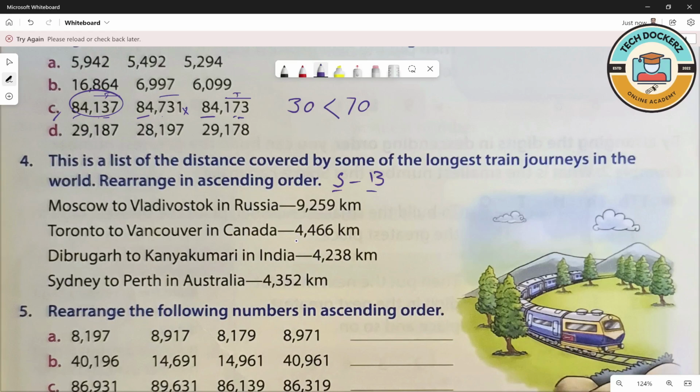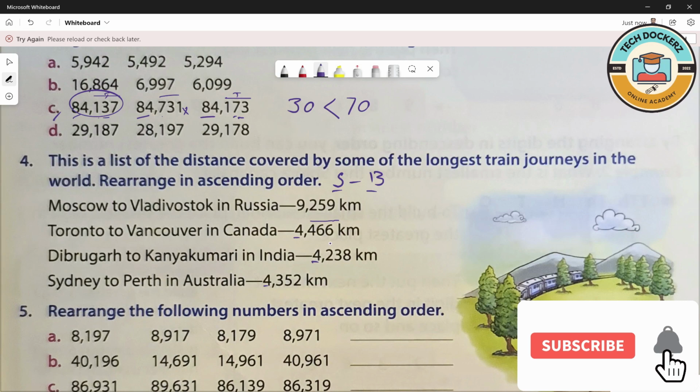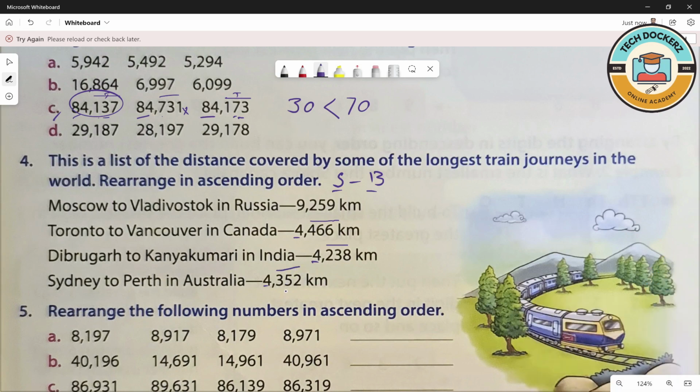Let's start with the place value chart. The thousands period value in this number is 4000. The thousands period value in this number is also 4000. The thousands period value here is also 4000. All right, so let's move to the ones period. The ones period starts with 400, 200, and 300.